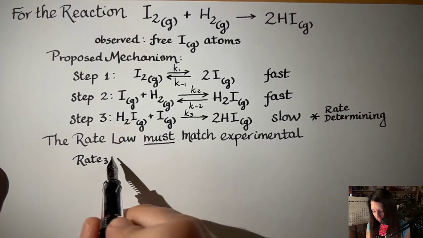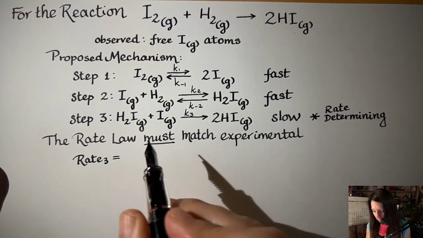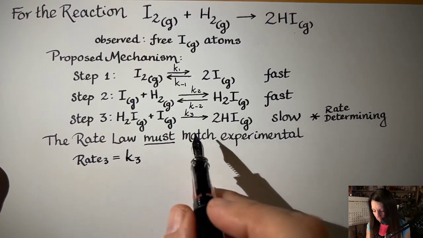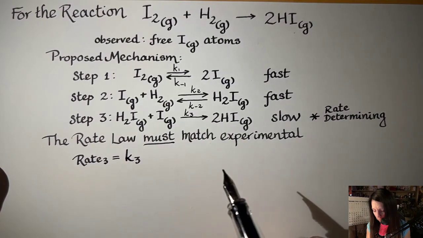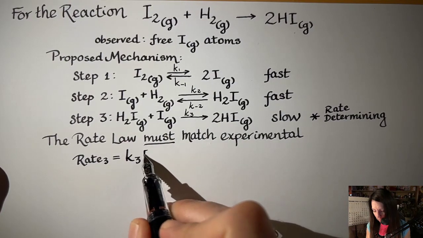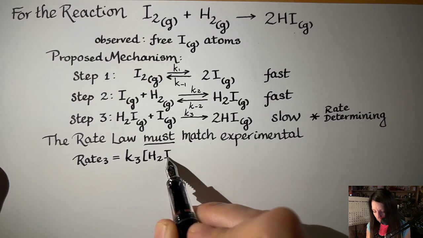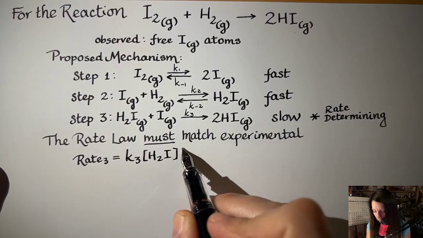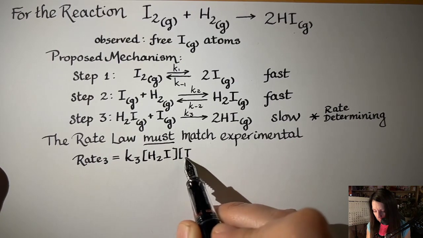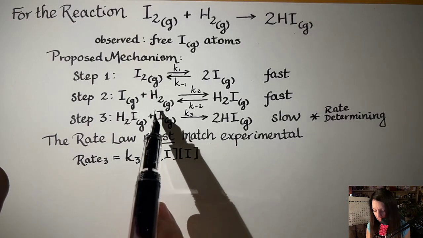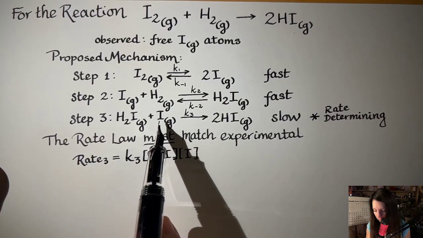Step 3. Rate 3 equals the rate constant, K3, for this step times concentration of H2I times concentration of I. So notice how I wrote these directly from this elementary step.